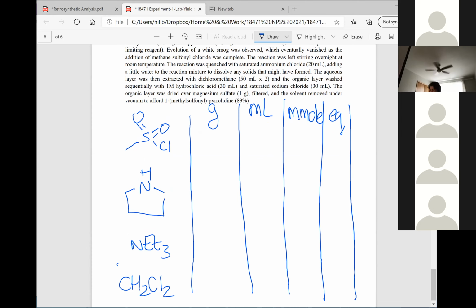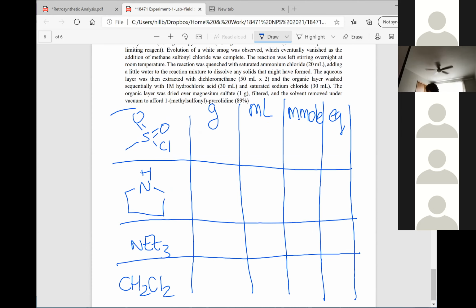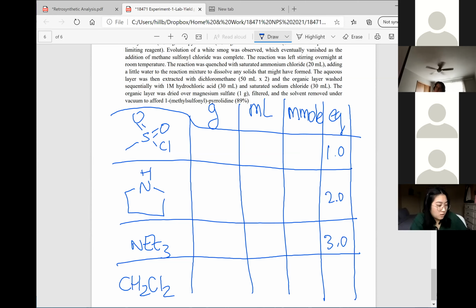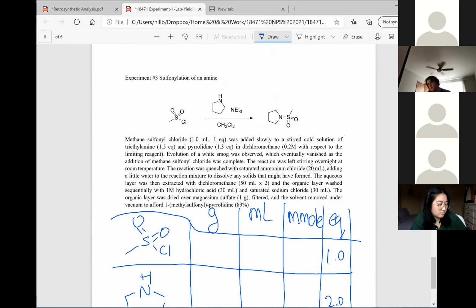And so with the three actual reagents, there's going to be some sort of equivalency here. This could be 1, this could be 2, this could be 3, whatever it might be. But with your solvent itself, you're going to use, say, 20 milliliters of solvent. You calculate this based upon dichloromethane's concentration being 0.2 molar with respect to the limiting reagent.